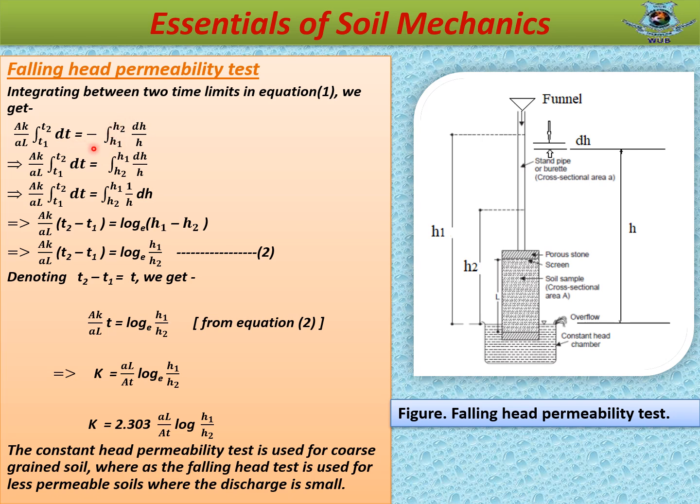If we want to change the negative sign, we have to interchange the limits. So we have written integration h2 to h1 dH by H. Again we can write dH by H equal to 1 by H dH.